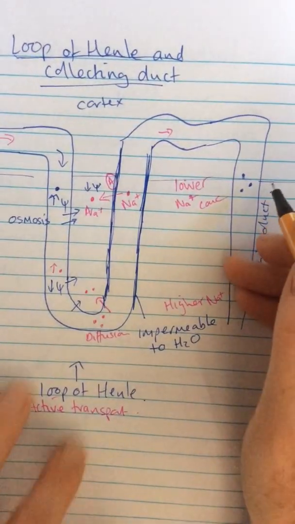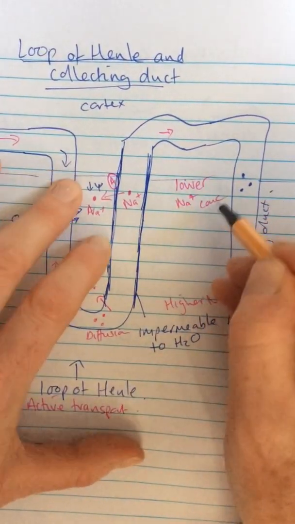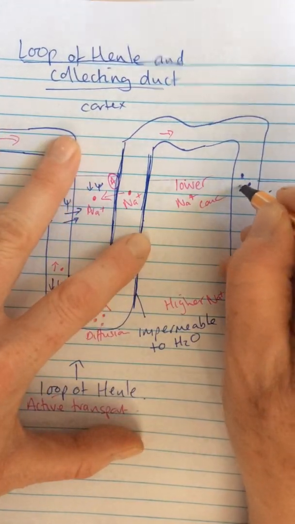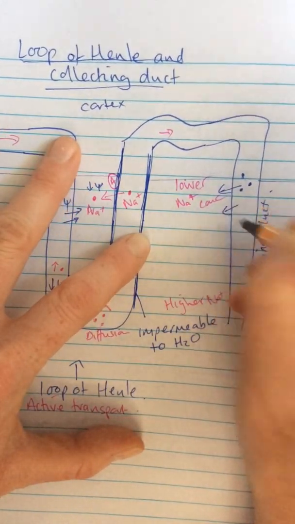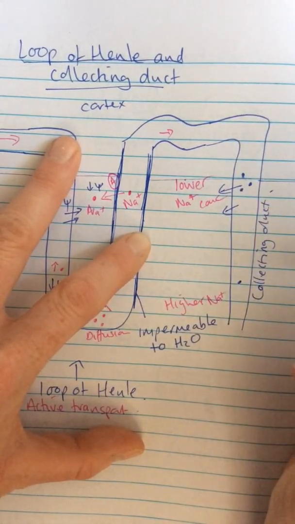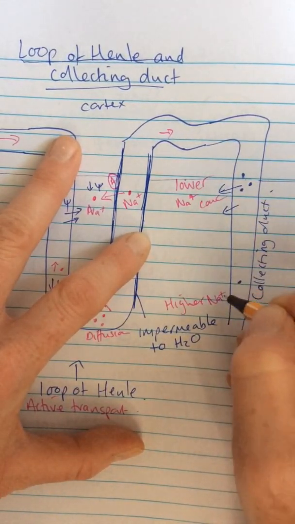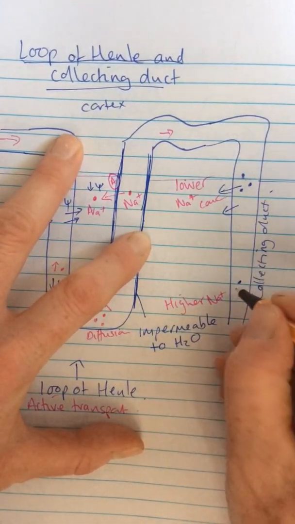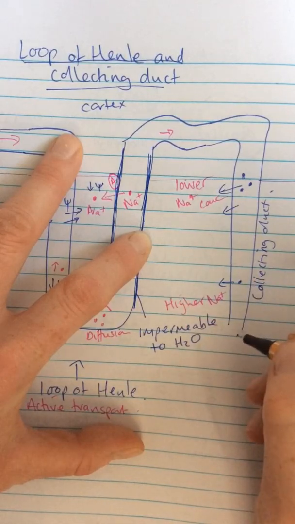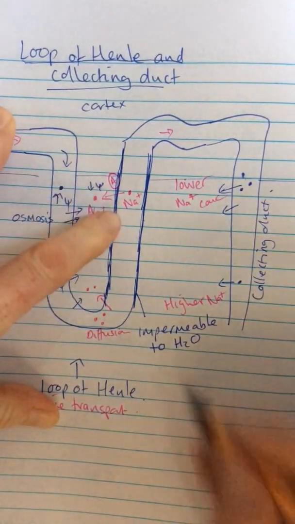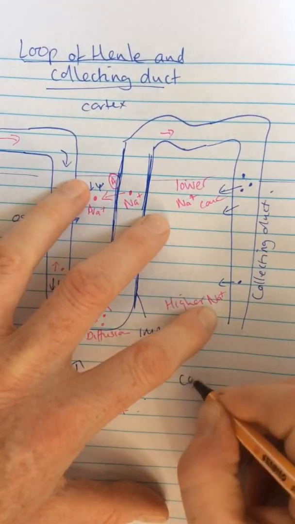we've still got water, and we've got a salt concentration here, and water will just leave by osmosis. Okay, so the more water that leaves, the less water you've got left, so the harder it's going to be for it to leave. But conveniently, we've got even more salt here, so water will still leave by osmosis. So this is an example of a countercurrent multiplier.